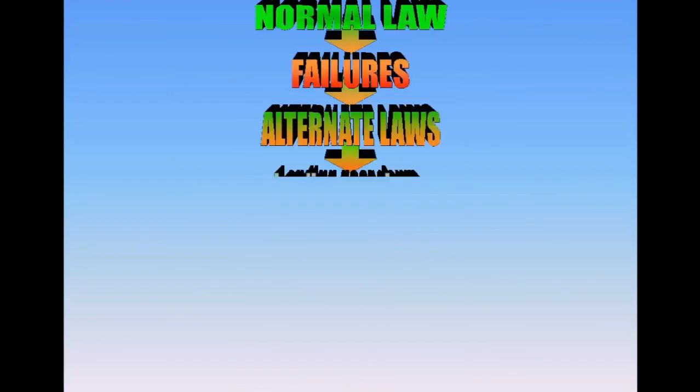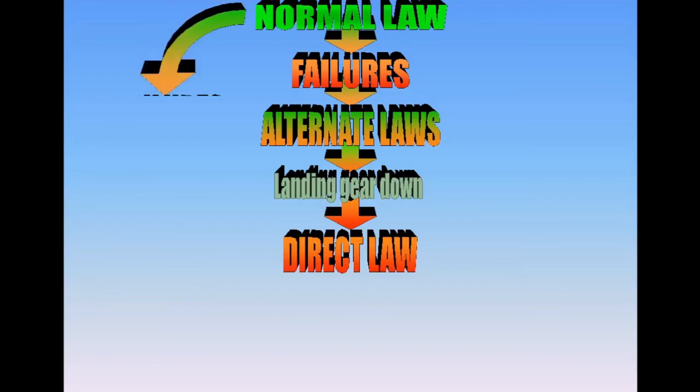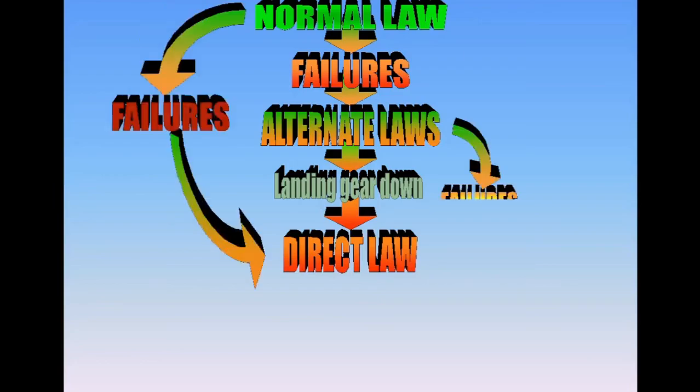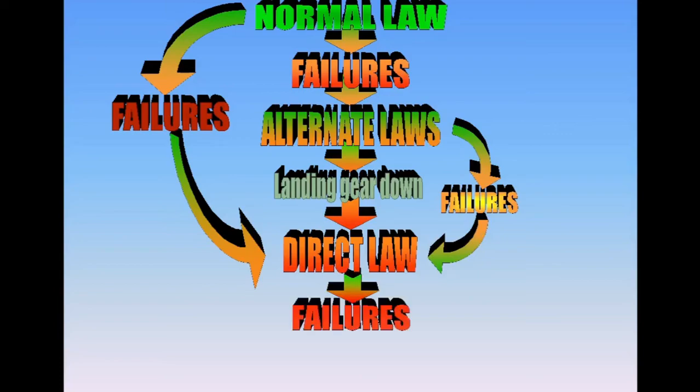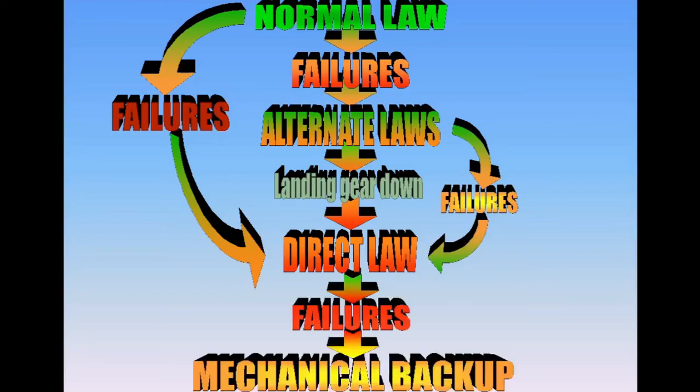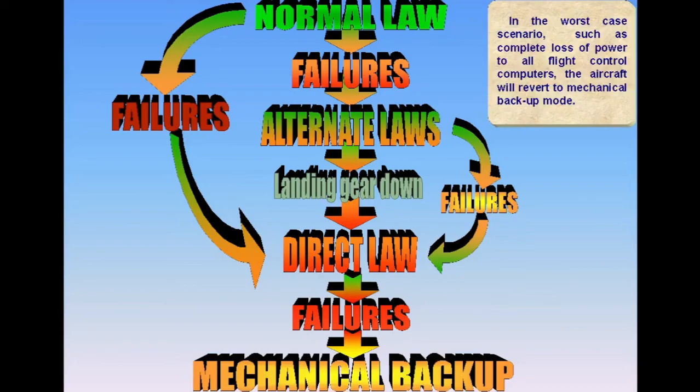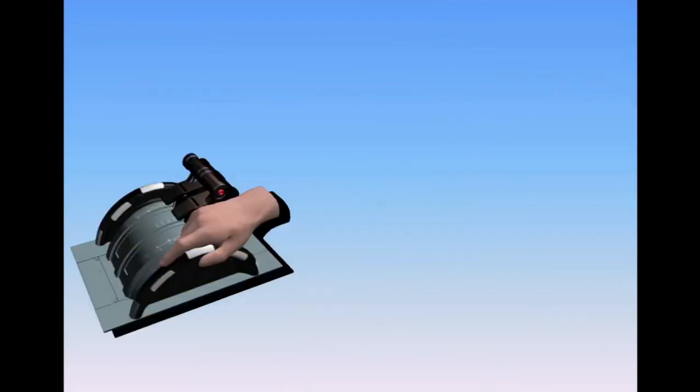In the worst-case scenario, such as complete loss of power to all flight control computers, the aircraft will revert to mechanical backup mode. In this mode, pitch control is accomplished by manually trimming the stabilizer by using the pitch trim wheel.